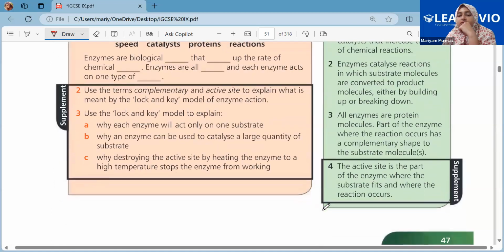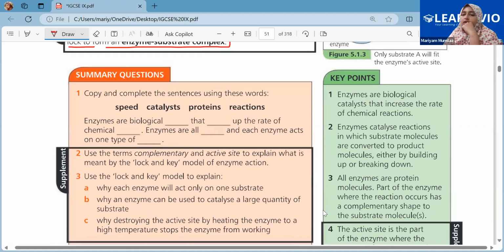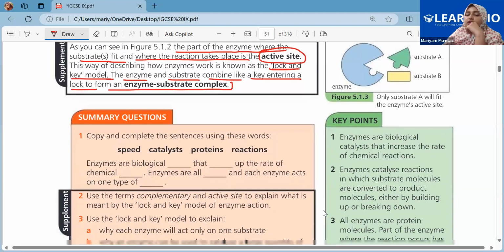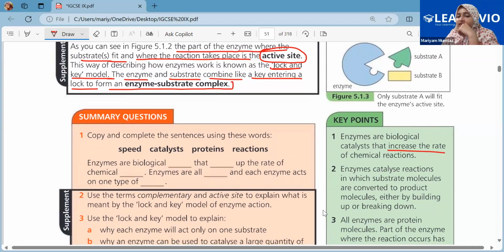Now, let us see what the key points are. Enzymes are biological catalysts that increase the rate of chemical reactions. Enzymes are proteins, and each enzyme acts on one type of reaction. Enzymes catalyze reactions in which substrate molecules are converted to product molecules either by building up or by breaking down.